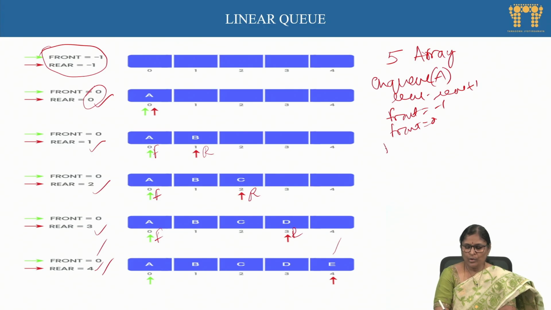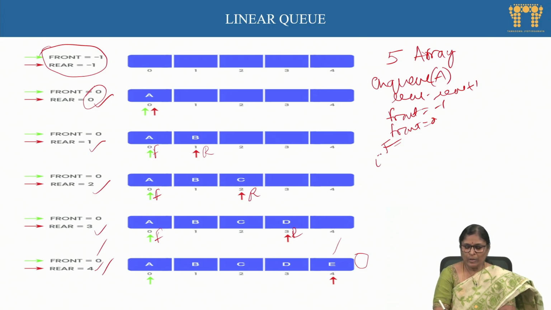Now I want to insert an element F into this linear queue. But the size of the queue is equivalent to the number of elements present, so F cannot be inserted. Already your linear queue is full. Whenever you want to perform an enqueue operation, check whether the queue is full.